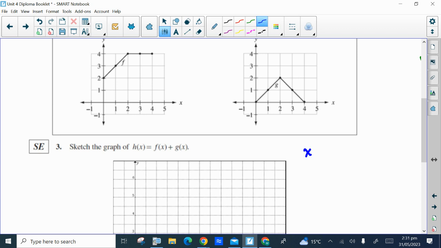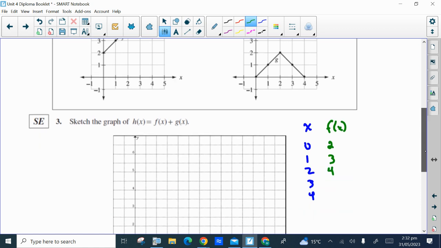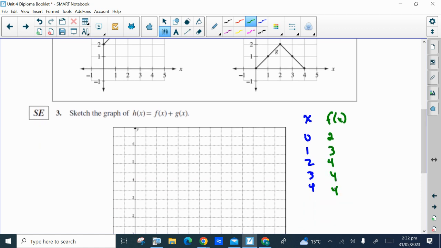On our graphs, we have x values of 0, 1, 2, 3, and 4. The values for f when x equals 0 is 2, when x equals 1 is 3, when x equals 2 is 4, and the last two have f at x values of 4 as well.